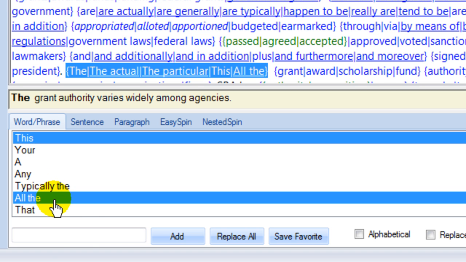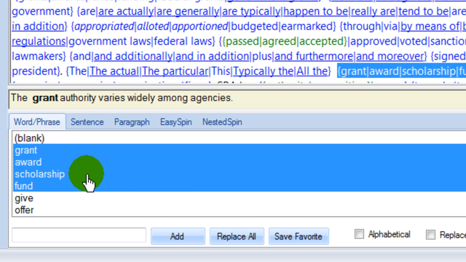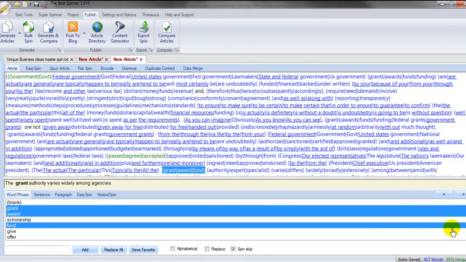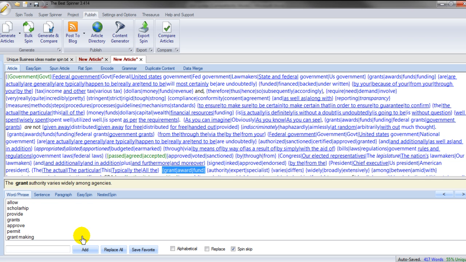Typically, it could say all the grant authority, or typically, all this works here. Grant, again, no scholarship. Grant, award, fund. All the grants, all the grants. So plural doesn't work.